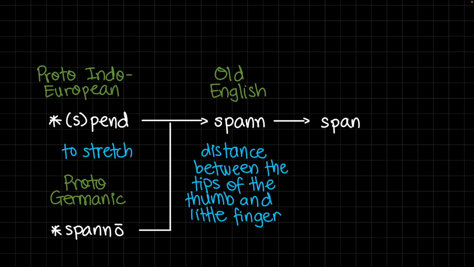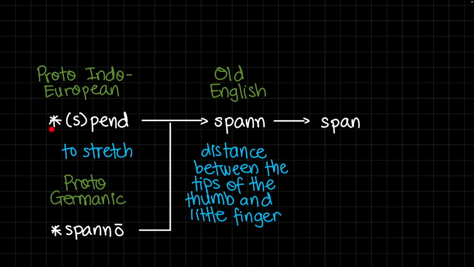The word from the last few videos has been span. So, where does the span in our modern language come from? Old English span, distance between the tips of the thumb and little finger, which traces back to Proto-Indo-European from a root that means to stretch, which is also cognate with the Proto-Germanic spano.